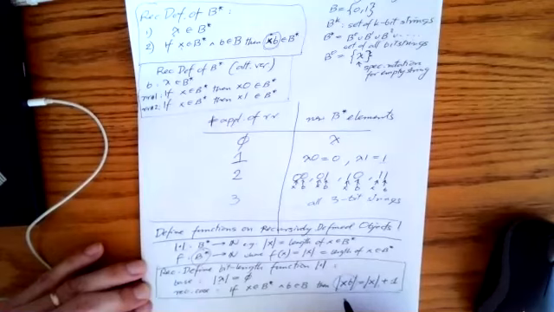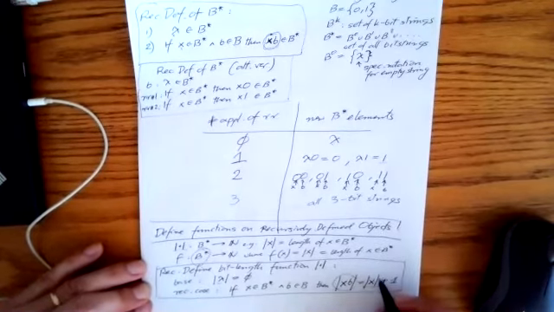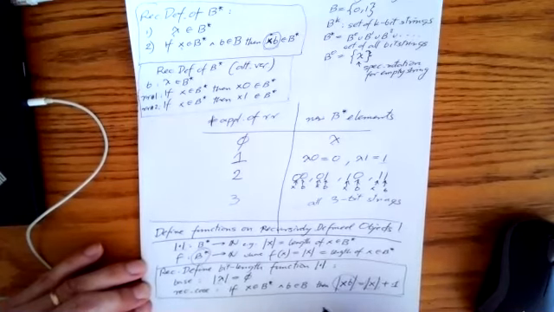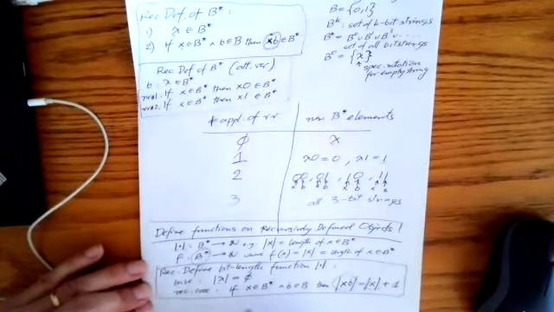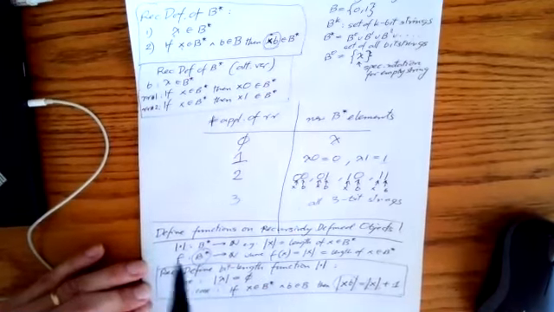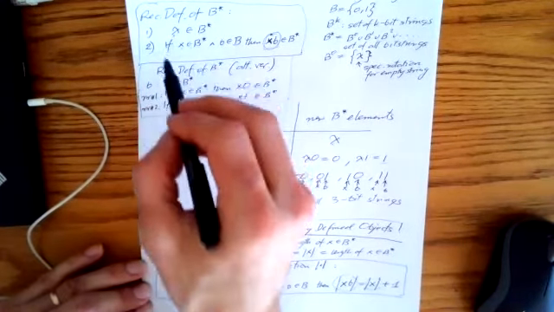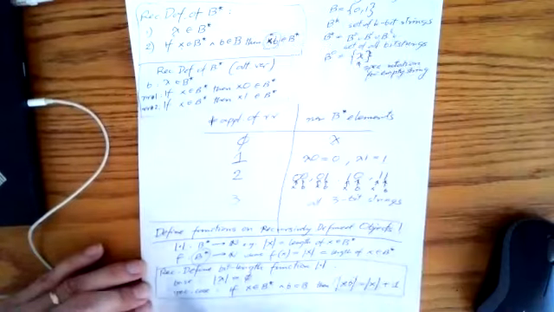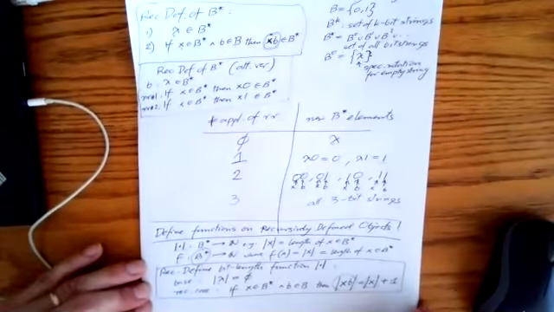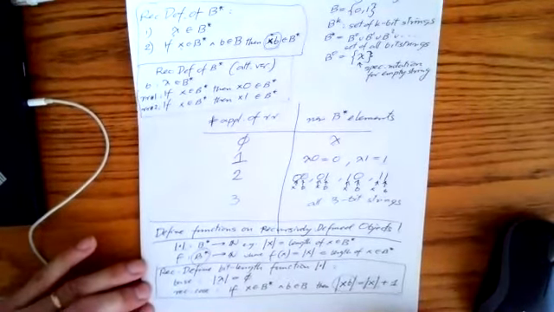But x is in B star, so this is well defined, if all elements of B star are created either by the base case or by some number of applications of the recursive rule, where it starts from the base case and then uses recursive rules.